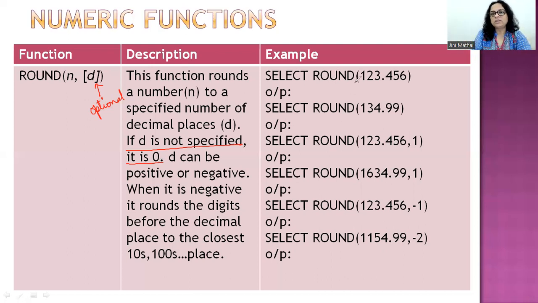Okay, now let's look at the first one. It says round 123.456. No d value specified. So what does d automatically become? 0. So what does it mean? Round this number without any decimal places. That means I do not want anything after the decimal point. So 123.456 should give me a number without any decimal places. So this is where I want to start my rounding.